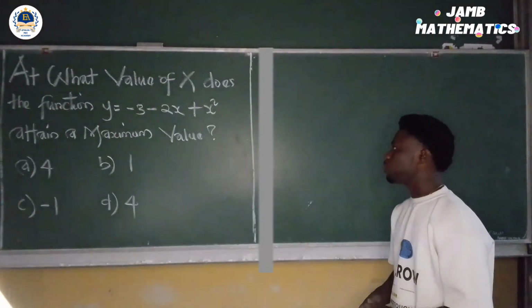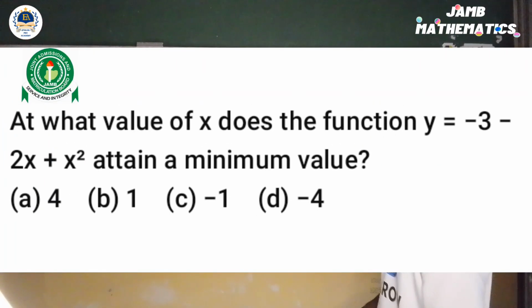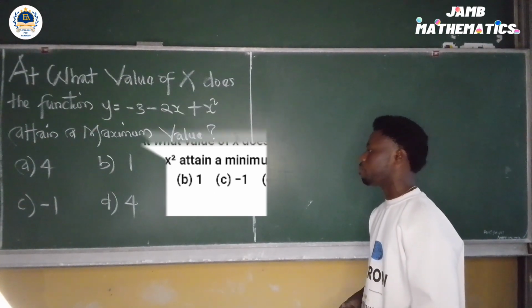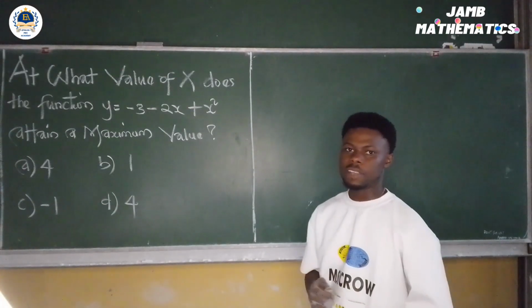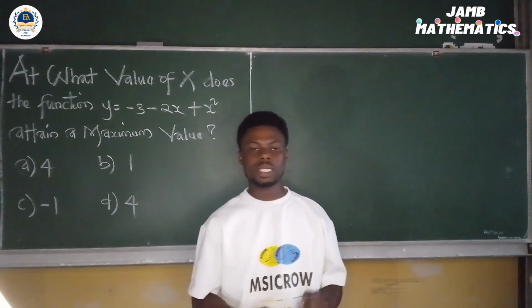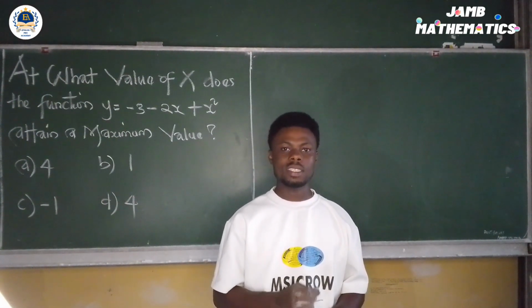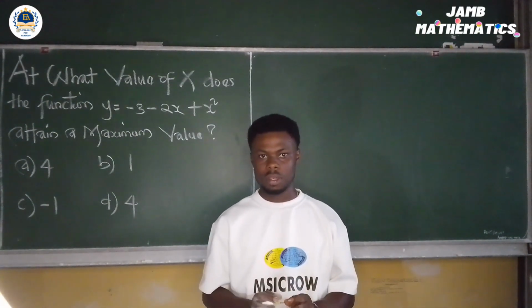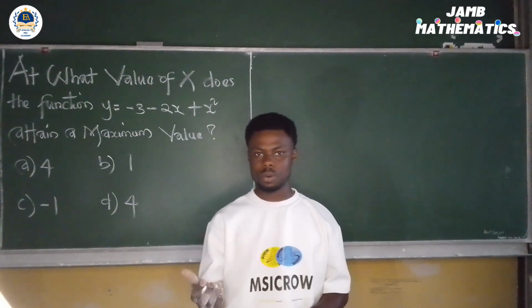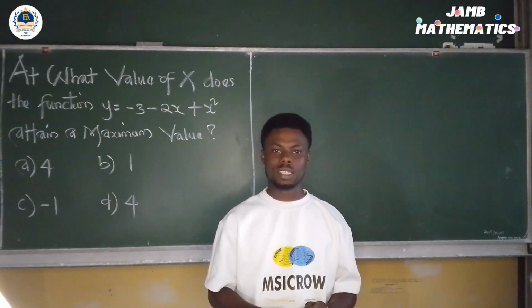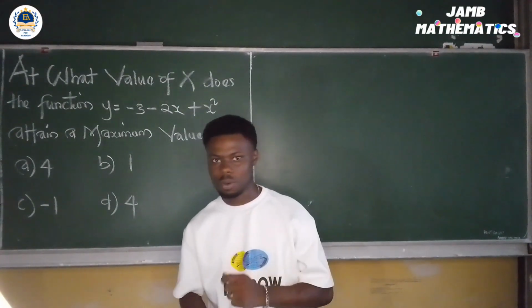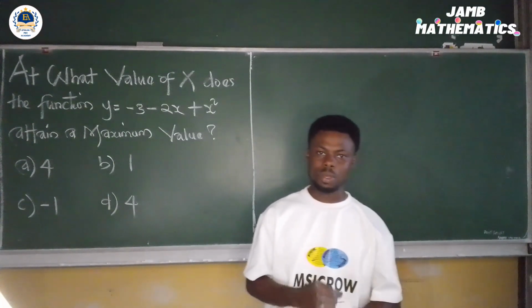At what value of x does the function y equal to minus 3 minus 2x plus x squared attain a maximum value? In differential calculus, to obtain the maximum value, we must find the derivative of the function given, then set it to 0. That is to say, dy over dx must be equivalent to 0 before maximum value can be attained.